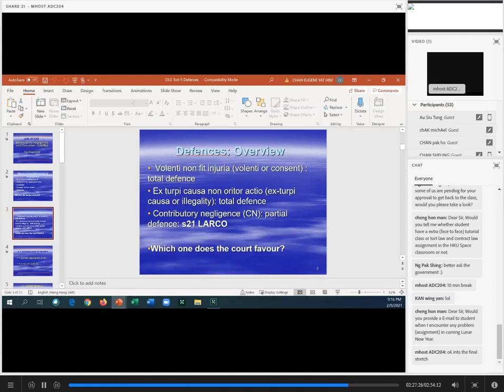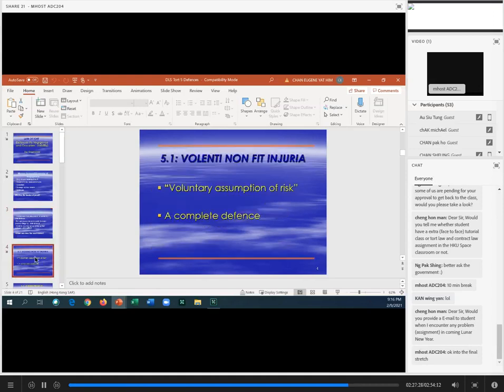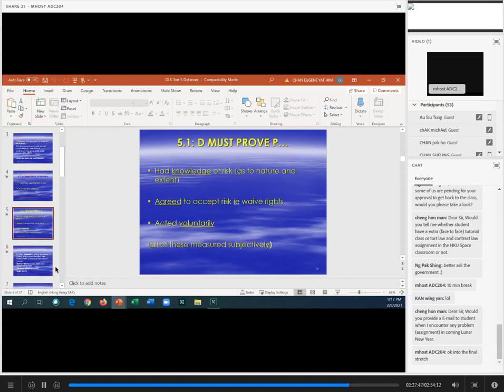Okay, well, let's have a look at volenti first, because volenti has some interesting cases. What do you mean by volenti? It's also known as voluntary assumption of risk, okay? And it is a complete defense, a total defense, same thing. What must the defendant prove in order to succeed in a claim for volenti or consent?